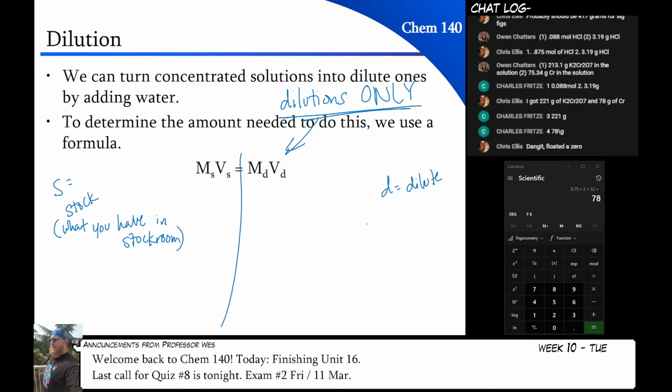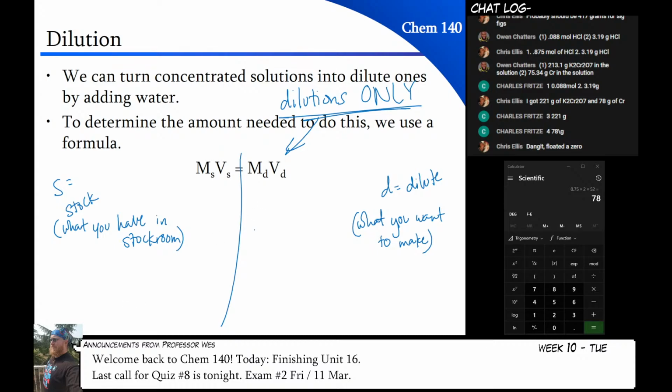The D is the dilute side, and this is what you want to make. And you could choose whatever you want to make, because it doesn't exist yet, right? So we're going to prepare it to these specifications. I want this molarity and this volume.